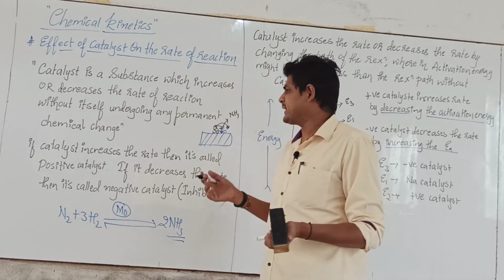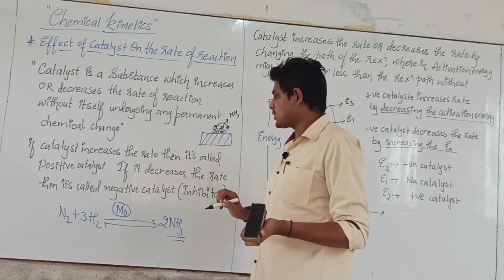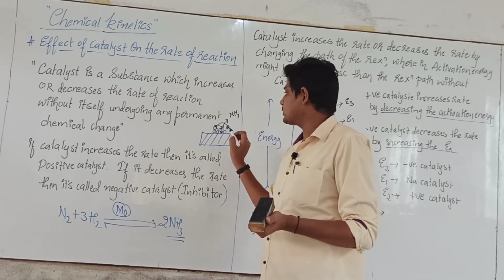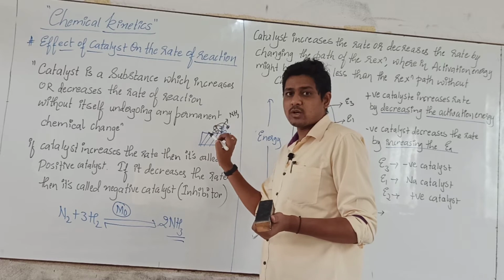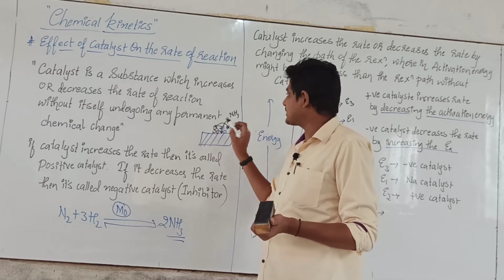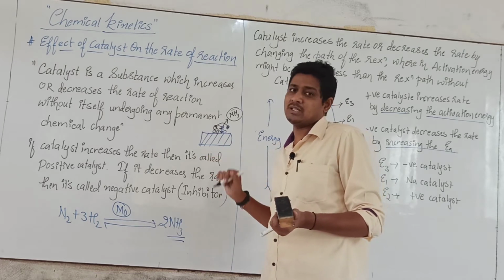Simply, it is providing its surface. The molecules of hydrogen and nitrogen will come and sit on the surface of the molybdenum, and thus they will react on the surface of the molybdenum, and once the product, that is ammonia, is formed, it will simply go away from the surface of the molybdenum.